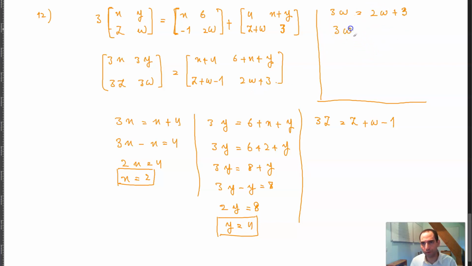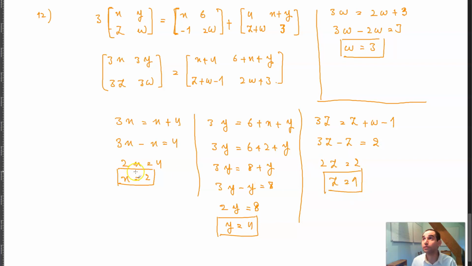So 3w minus 2w is equal to 3, so w is equal to 3. Now 3z minus z is equal to w minus 1, which is 3 minus 1, which is equal to 2. 2z is equal to 2 and z is equal to 1. This was number 12: x is equal to 2, y is equal to 4, w is equal to 3, and z is equal to 1.